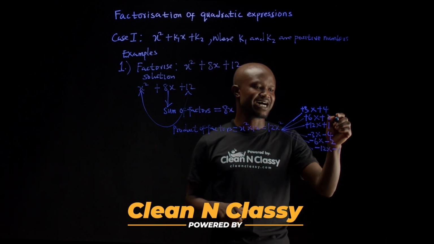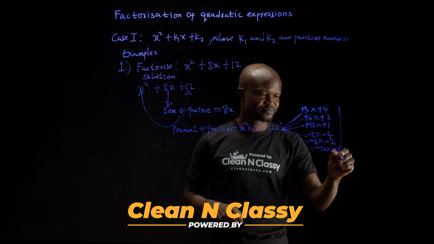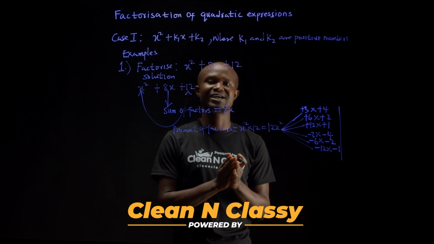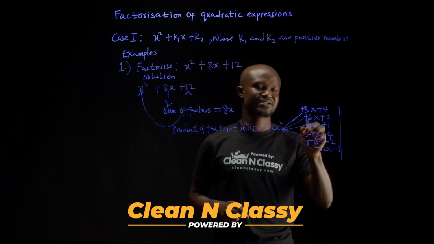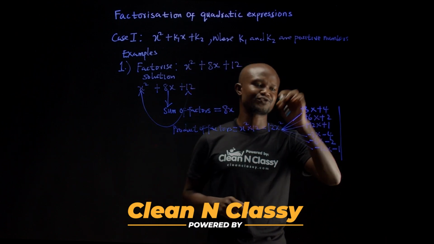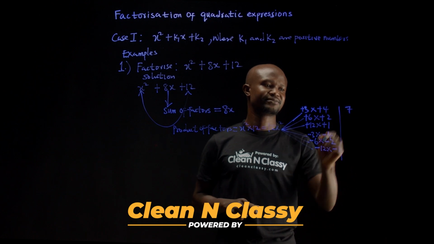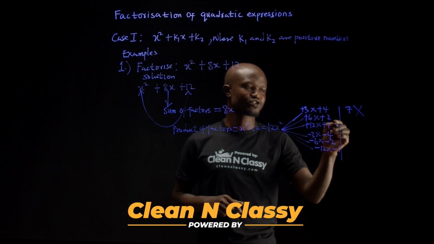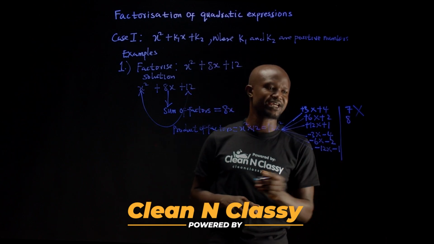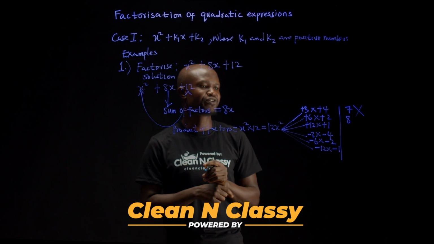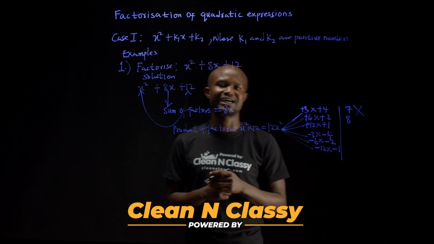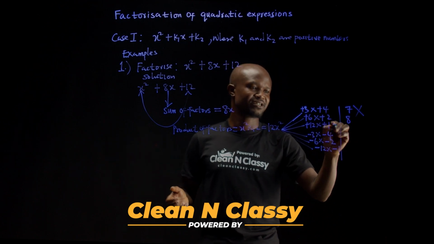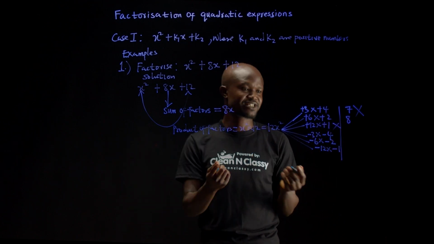We consider each of these values and see the one that gives 8 when added together. 3 plus 4 gives 7, so we cancel that out. 6 plus 2 gives 8, and that's what we are looking for. So we don't even need to check the others. 12 plus 1 gives 13, which is wrong.